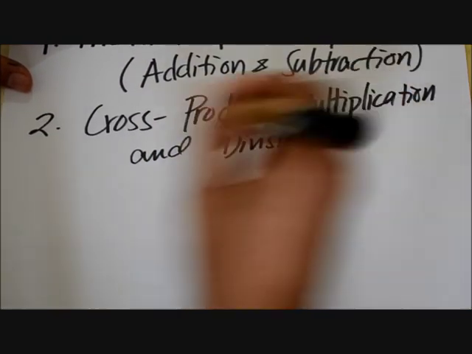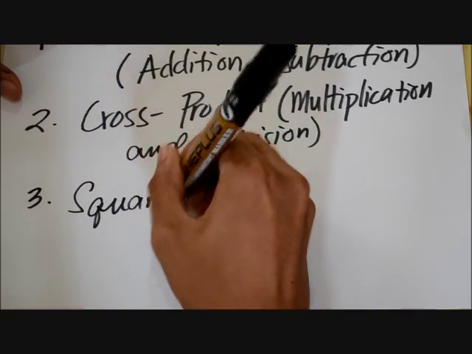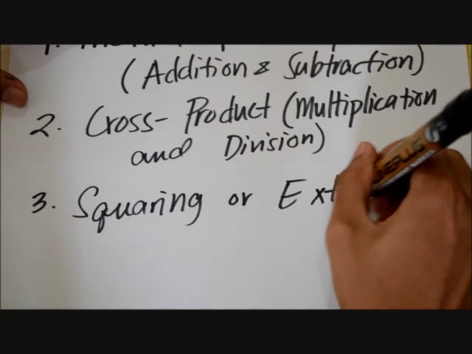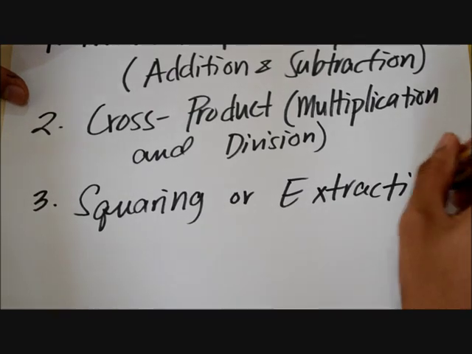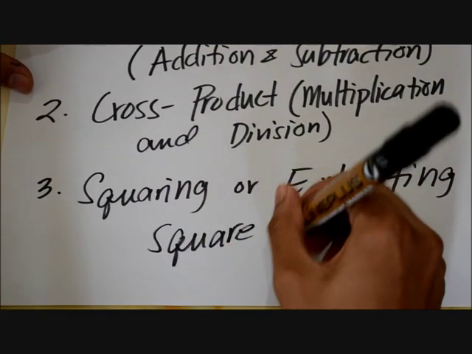And the last is the squaring or extracting square roots. So this usually deals with exponents and radicals and the radical signs.